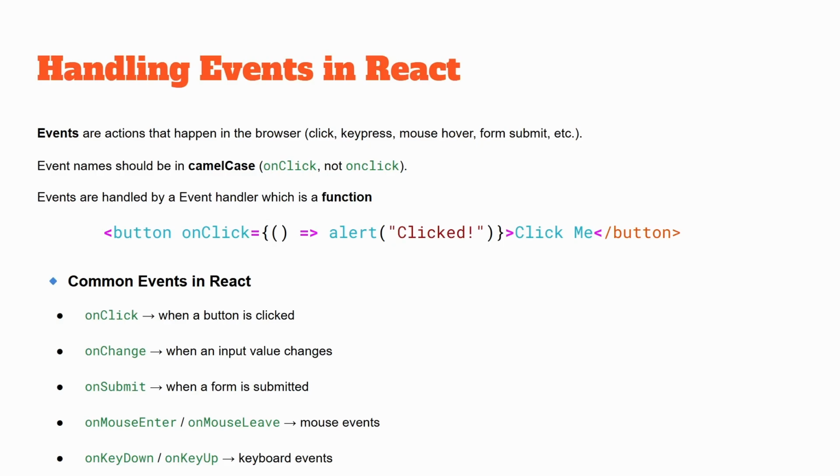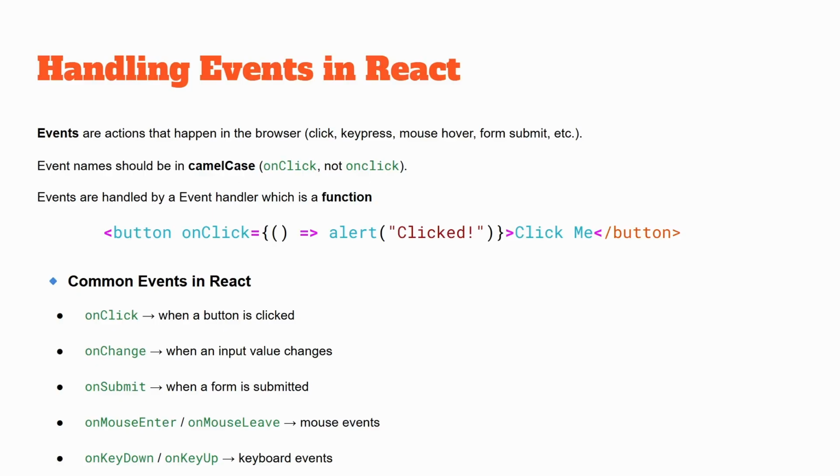Now the last thing before we jump into the demo is how to handle events. Events are nothing but anything that happens on the app, like you click on a button, then something should happen. Those are called events. Those events are actually handled by something called an event handler.